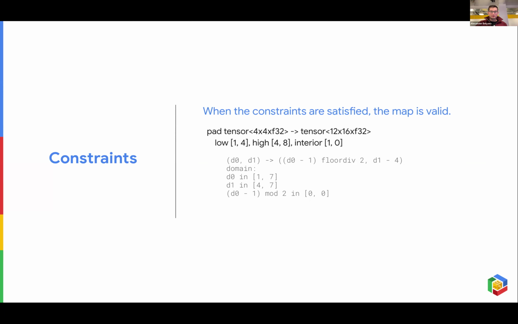So we can even codegen this padding by using the indexing map alone, because if the constraints within the indexing map are satisfied, then we populate the element of the input. Otherwise, we just take the neutral element.